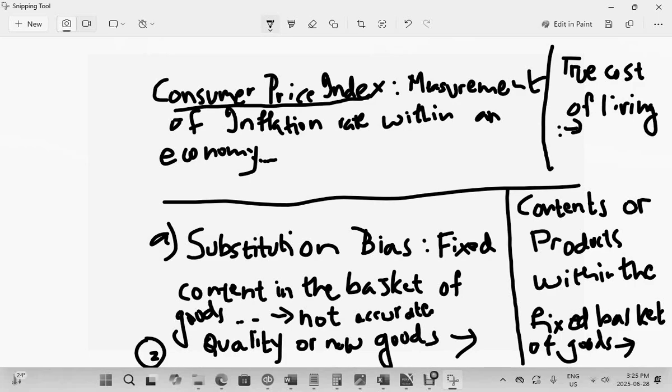You then factor in that new product either back in the past or today. So you have an improved version of the older good or a new product altogether, as a result of which the content in the basket of goods has changed, which may not provide an accurate figure when it comes to your price levels or inflation rate.